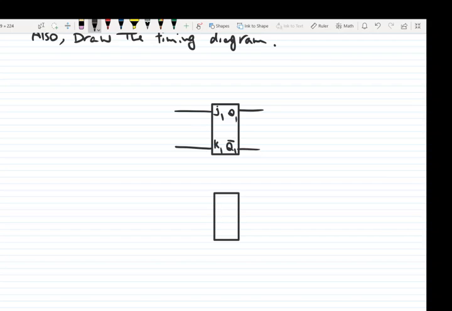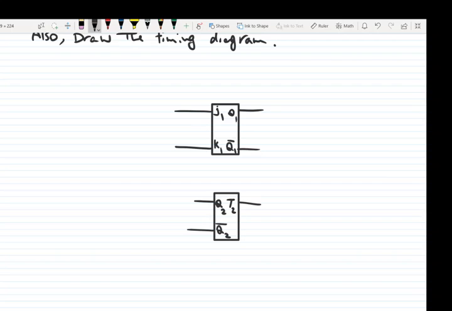The second flip-flop is a T flip-flop, drawn flipped, so the inputs are on the right side and the outputs on the left side. That's no big deal, we can show a flip-flop in any direction: inputs on the left and outputs on the right, or inputs on the right and outputs on the left. So it's Q2 and Q2 bar.